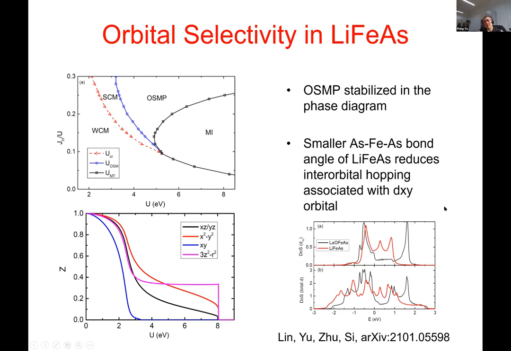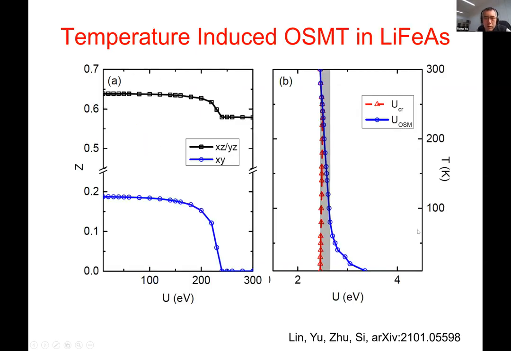Okay. So given the proximity to this orbital selective mode phase at the ground state, we expect to see a transition from a bad metal phase to an orbital selective mode phase by increasing the temperature. And this is indeed shown in the calculated result.